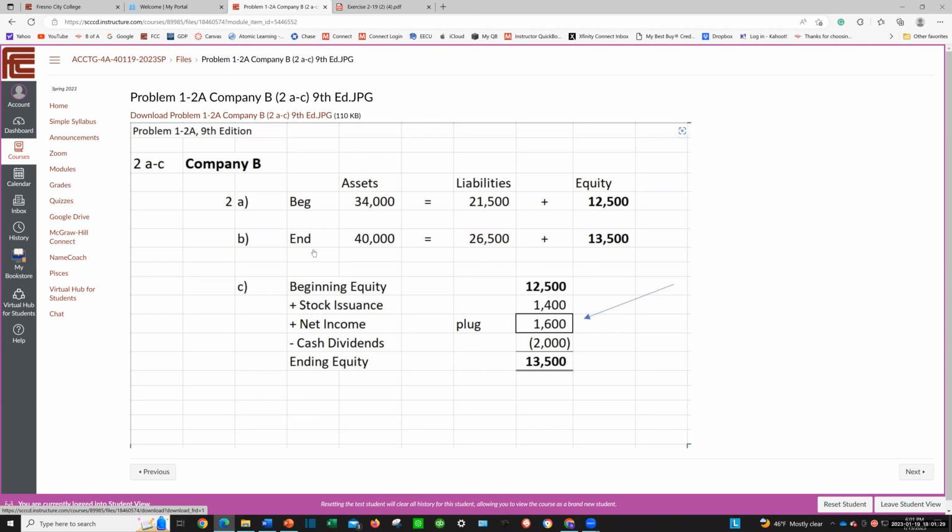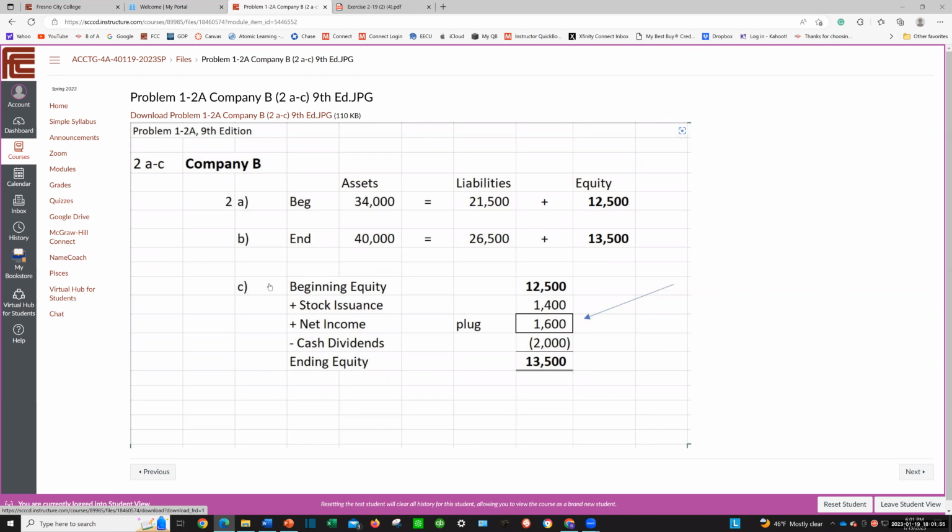In part B, they want you to solve for ending equity. Again, they're going to give you assets of 40,000 and liabilities of 26,500. And with those two numbers, you can solve for ending equity. 40,000 minus 26,500 will give you your 13,500.